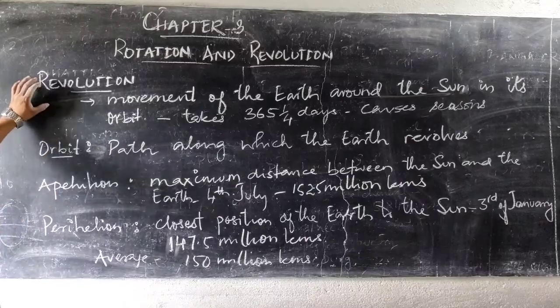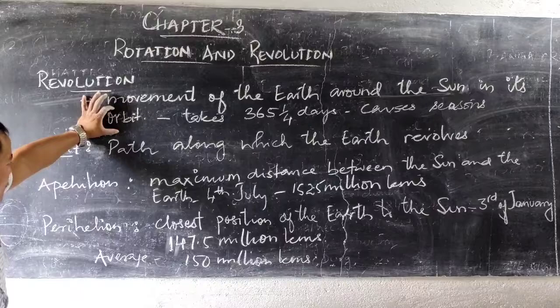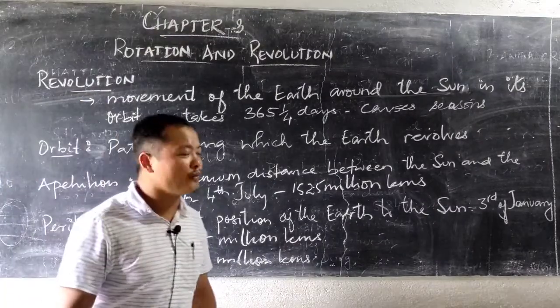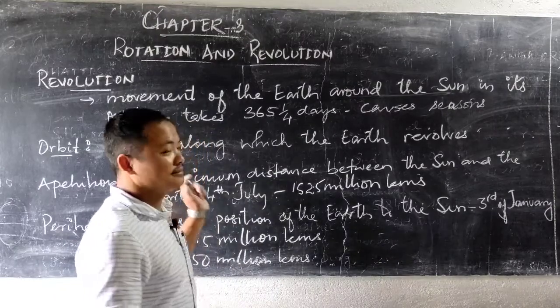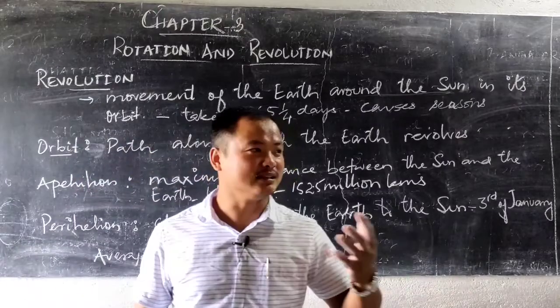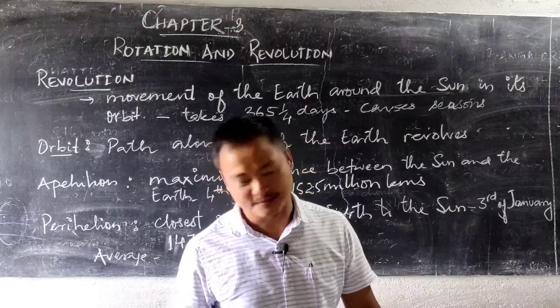Now as we said, revolution takes place around the sun in its orbit. So what is an orbit? Orbit is the path along which the earth revolves. In simple words, it is the road along which the earth keeps on moving around the sun.